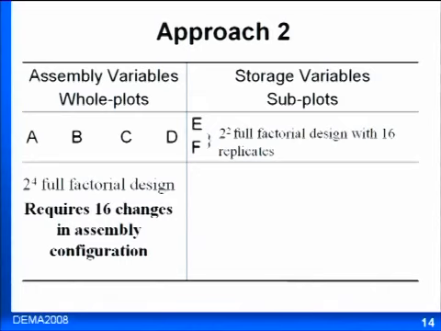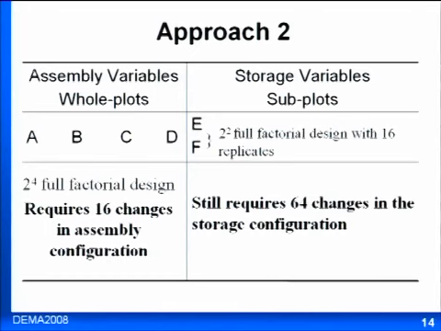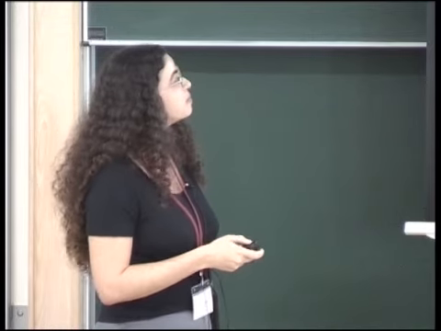But on the other hand, we still need 64 changes in the current stage, and we still need 320 days to finish that. So it is also not a good approach here.